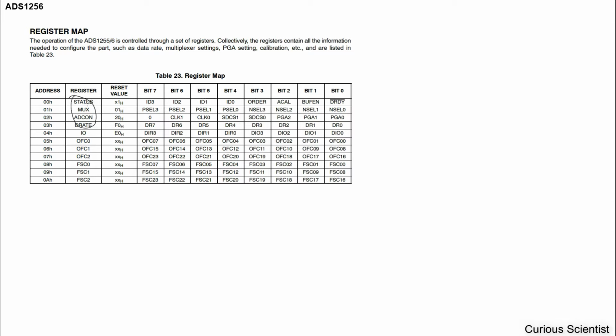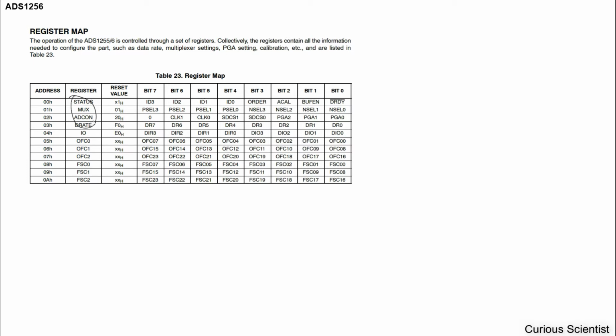So status, mux or multiplexer, ADCON or analog digital converter, and D-rate or data rate. Now I will go through all of these 4 registers, and I will show you how to read the values, how to write the values, and what the values mean.